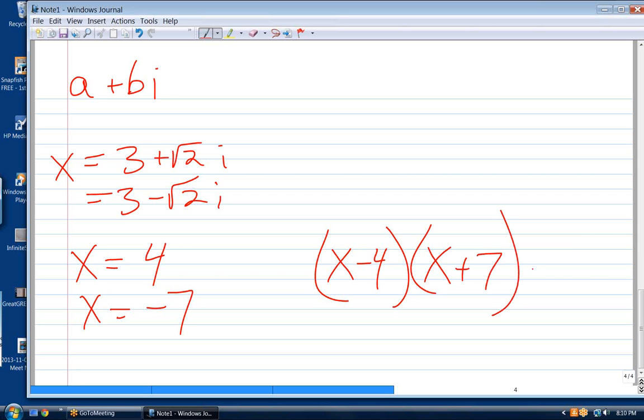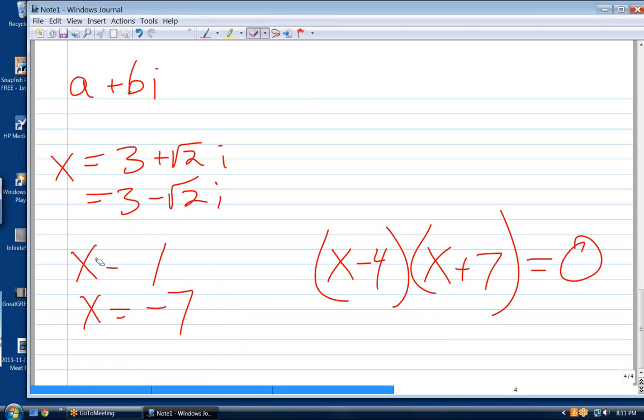In other words, work backwards. When we're solving a quadratic and we factor it, we end up with solutions of 4 and minus 7. If you start with the solutions and you go backwards, you always subtract the solution from x. So it becomes x minus 4 times x plus 7.